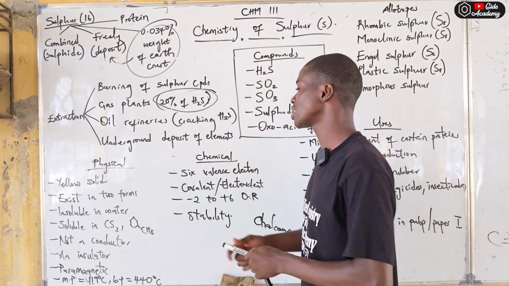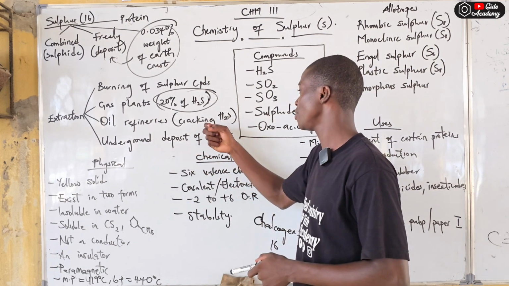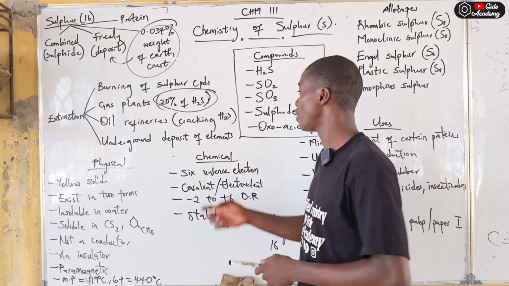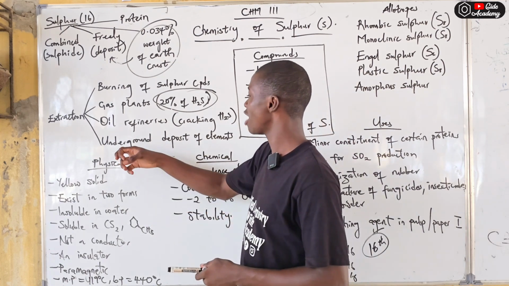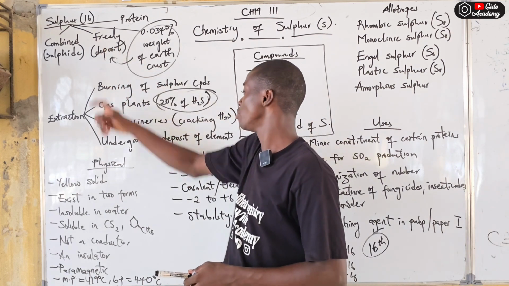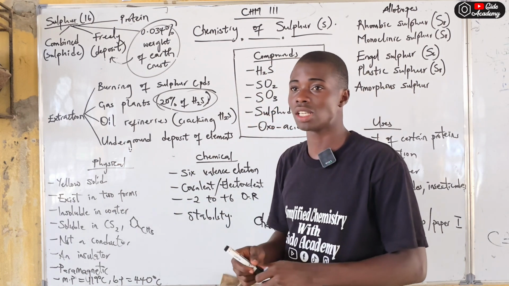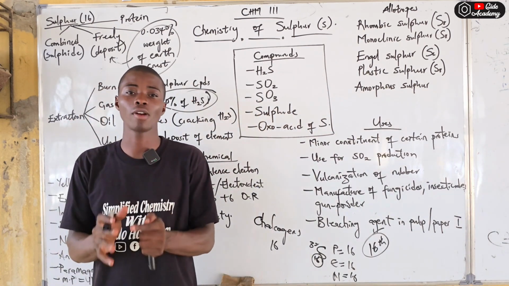It can also be extracted in oil refineries, by cracking of hydrocarbons, whereby hydrogen sulfide is also produced. Then we have mineral deposits of elements, as I told you the other time. Sulfur can also be extracted from those, and the process of extracting sulfur is called the Frasch process.